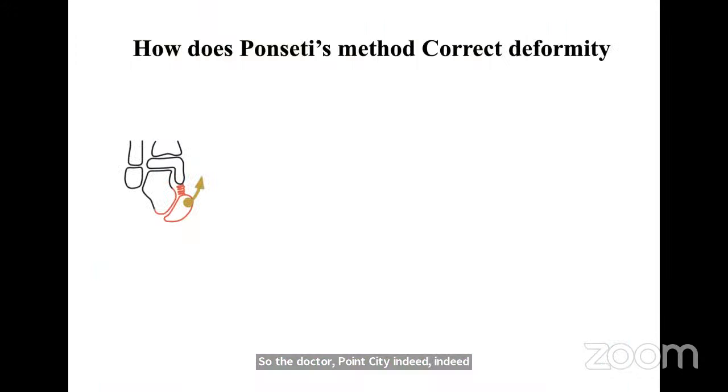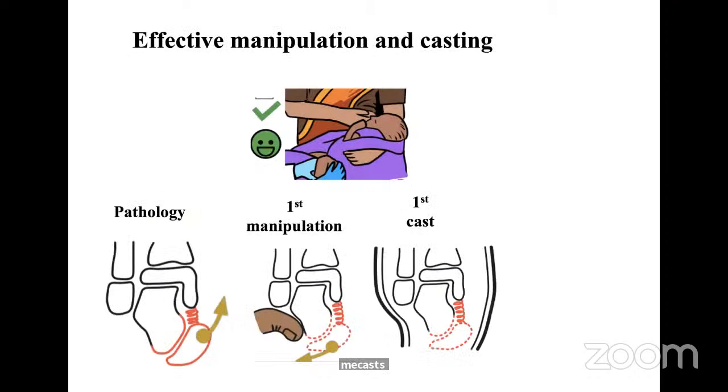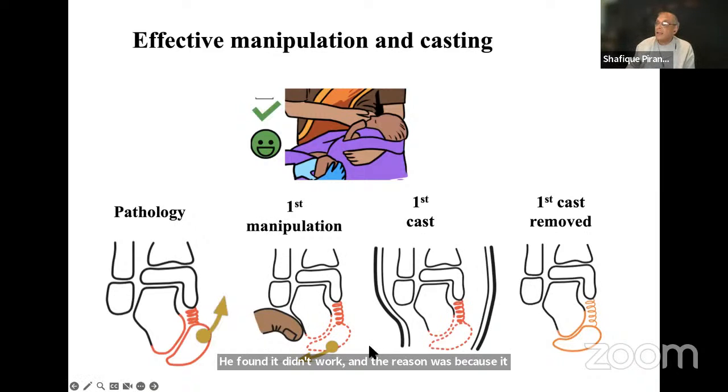Dr. Ponseti tried below knee casts, and he found it didn't work. The reason was that it was very hard to hold this tension to make the cast effective. Because if we don't put the above knee cast on to provide counter pressure, simulating this thumb here, then all of this is going to relax.